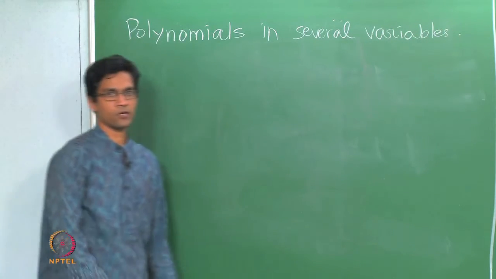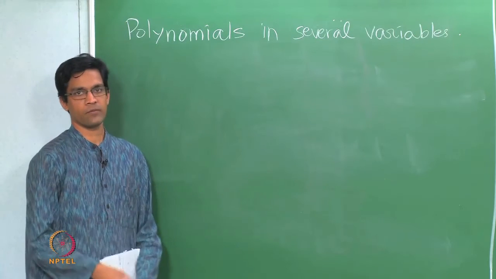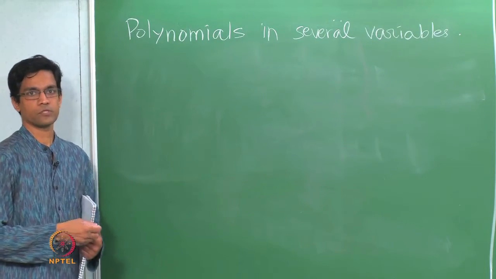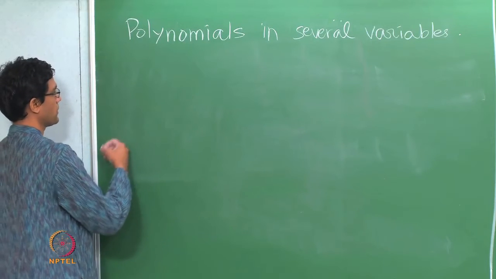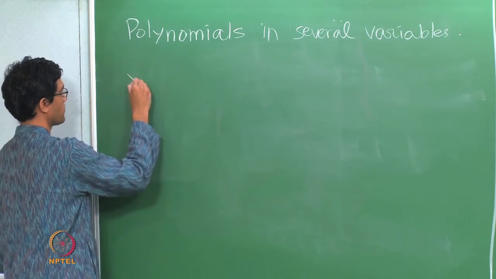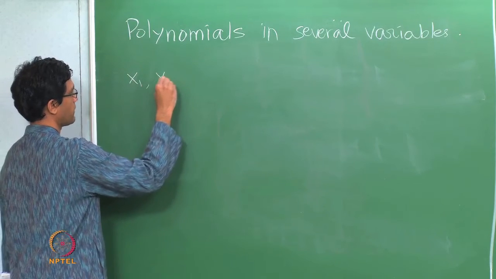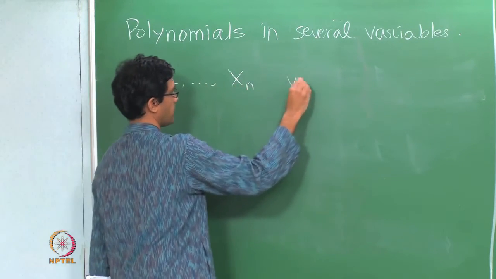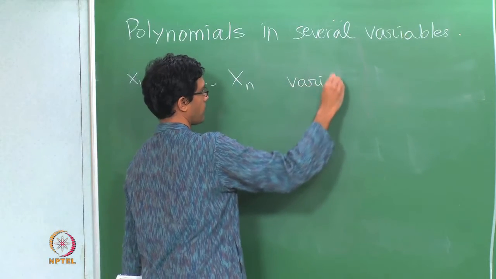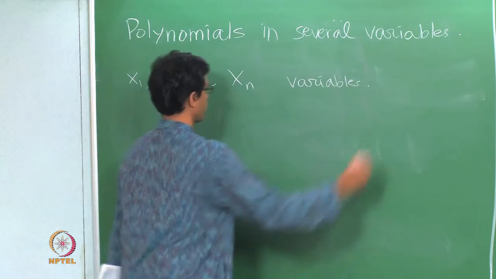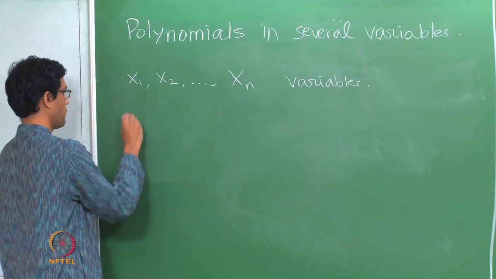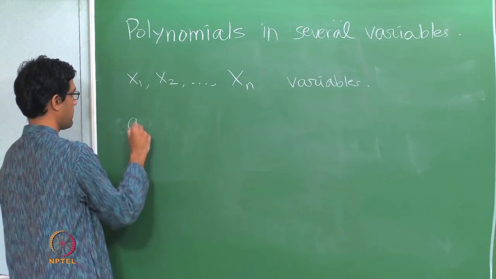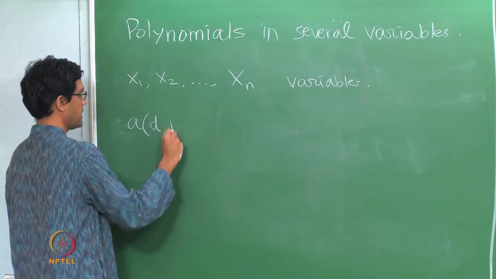So recall we talked about polynomials in more than one variable, and there we posed a counting problem. Suppose there are n variables, let us call them x1, x2, through xn. So we are looking at polynomials in n variables. We gave it a name even, let us call this number a d comma n.